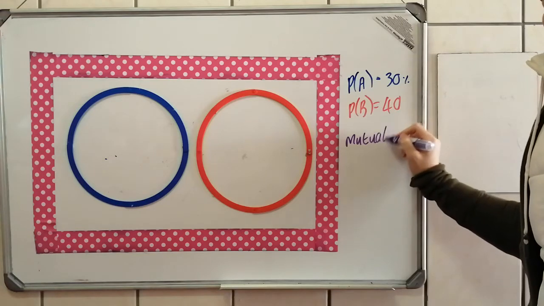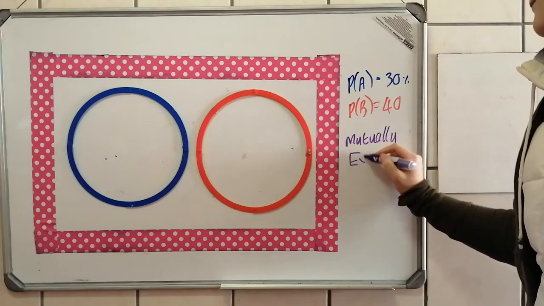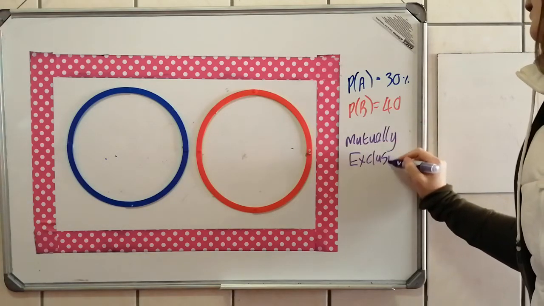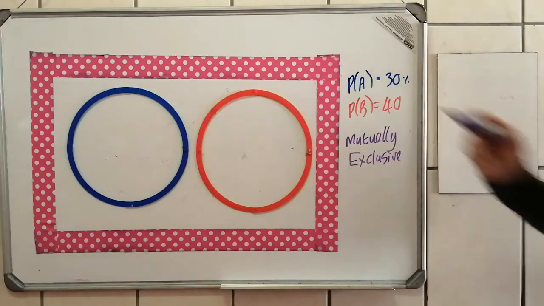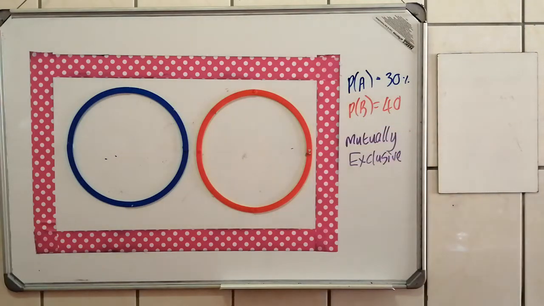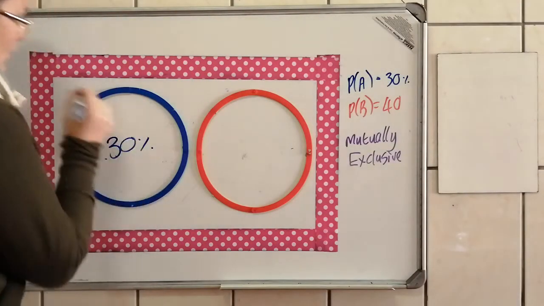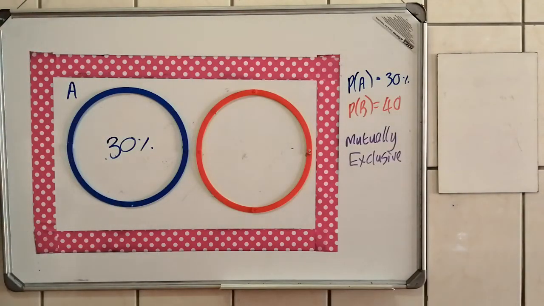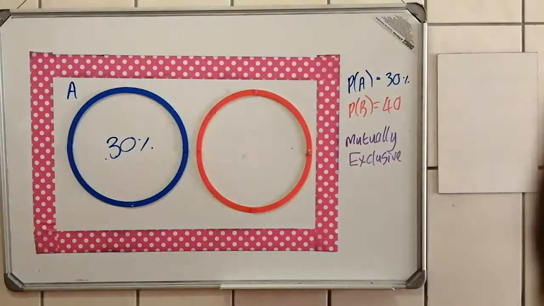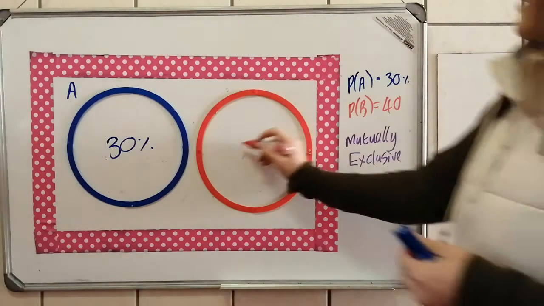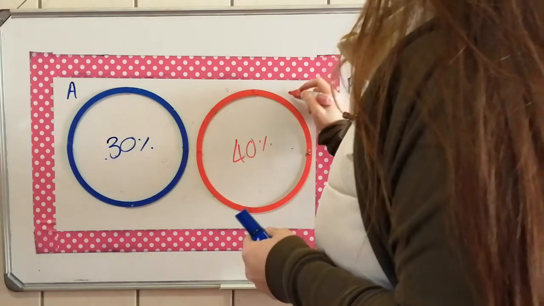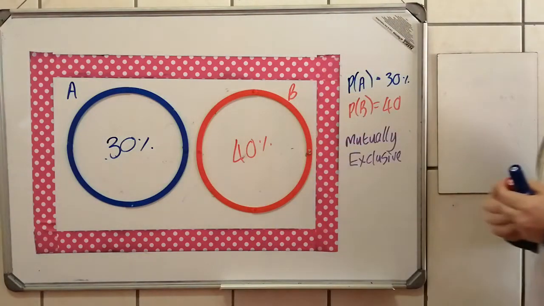So when I draw my Venn diagram, I've already drawn it up for you. Remember, exclusive means that they don't overlap. So the probability of A stays 30% in the circle because I don't have to remove the intersection. And the probability of B stays 40% because, again, I don't have to remove an intersection.